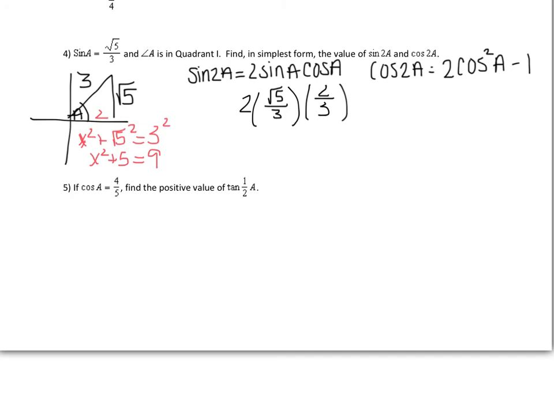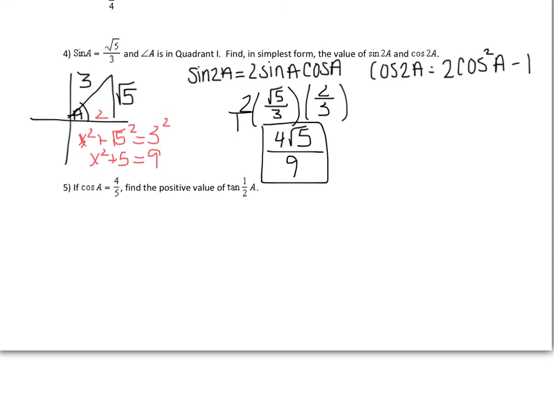We have to simplify this by hand. This 2 can be written as 2 over 1. And how do we multiply fractions? Tops with tops, bottoms with bottoms. So the 2 and the 2 multiply to give me 4, and then we tack on the radical 5. So 4 radical 5 over, what's 3 times 3? 9. That would be your simplified form.